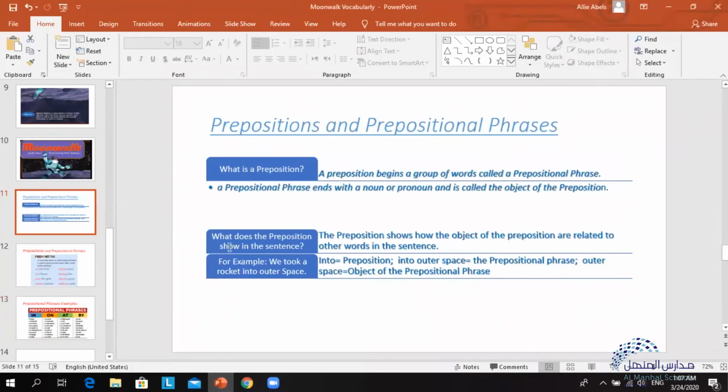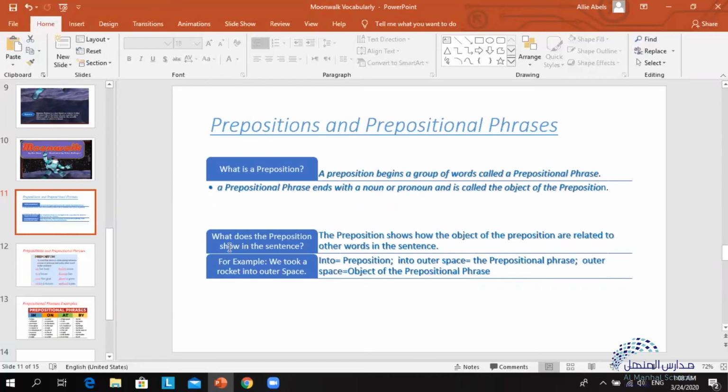So, like we saw in this video, okay, we saw many prepositions like in, at, on, by, etc. Okay, so like we learned from the video, a preposition connects the object of the preposition to other words in the sentence. Like we saw, over the rainbow in the video, over would be the preposition and the rainbow would be the object of the preposition.